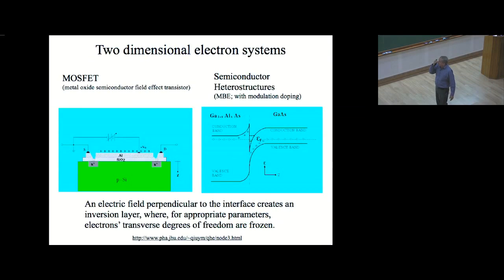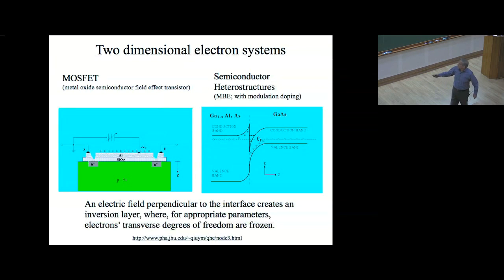About 100 years later, Klaus von Klitzing repeated these experiments in systems which are confined to 2 dimensions. And here I have shown a couple of ways of obtaining 2-dimensional systems. So these MOSFETs that you have in your smartphones, they actually have a 2-dimensional gas of electrons at the interface between 2 different semiconductors.